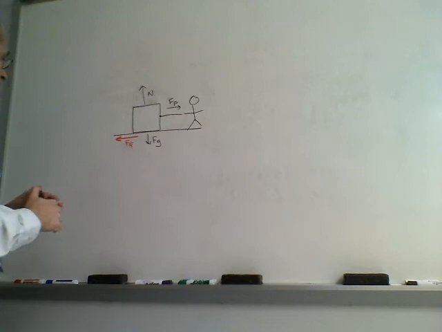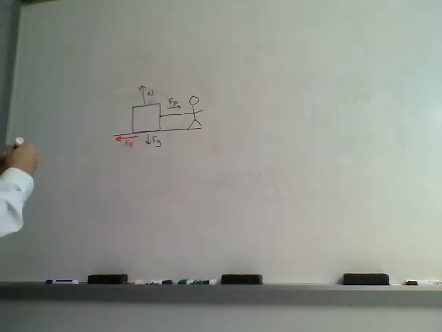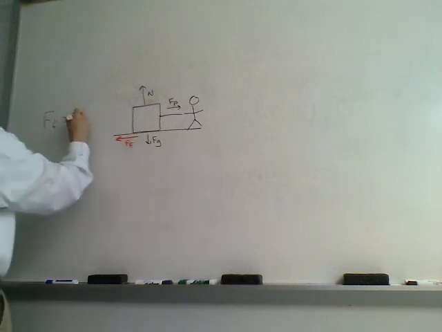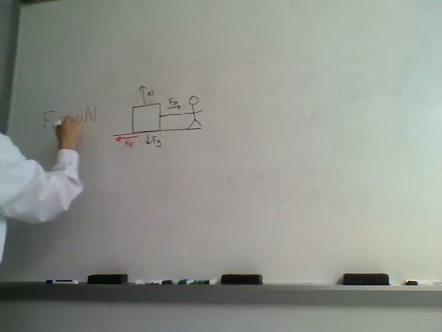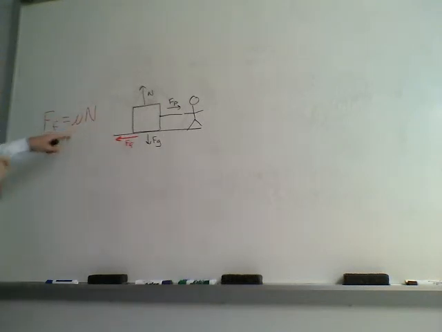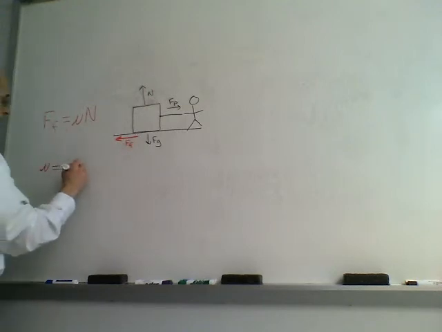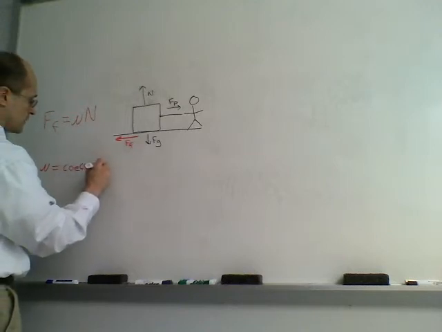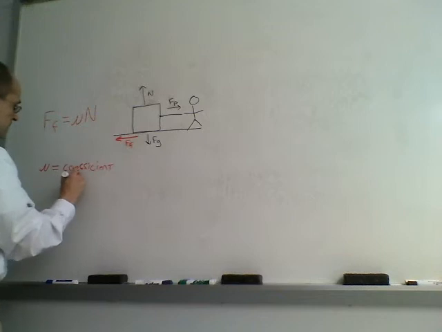Now what makes friction interesting as a force is that the frictional force itself is actually made up of two things. It's made up of this thing called mu, the Greek letter mu, which is called the coefficient of friction.